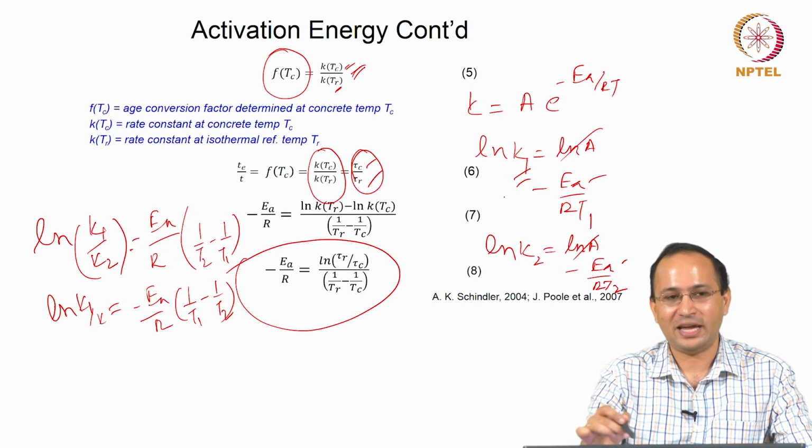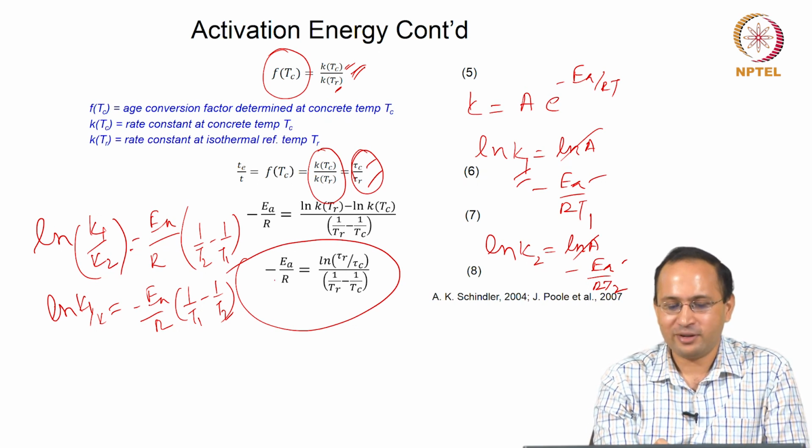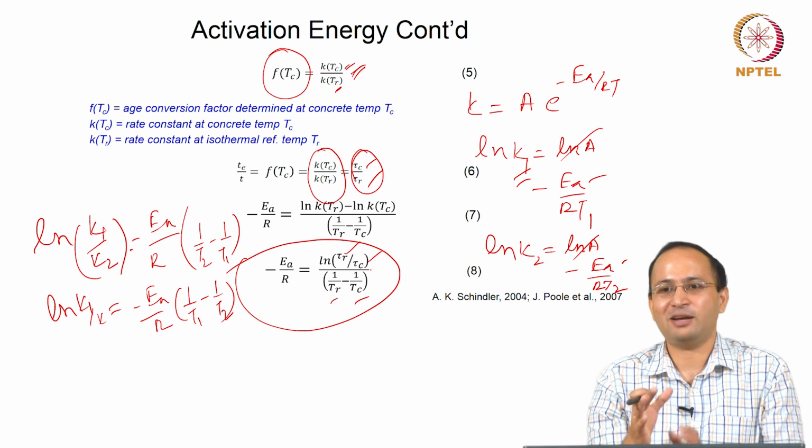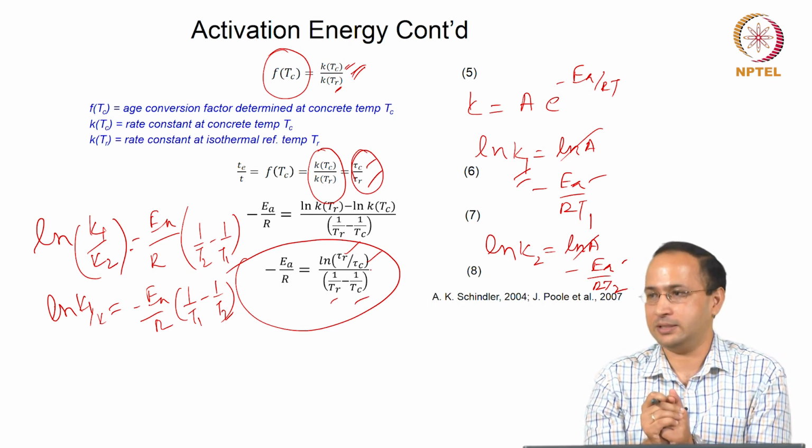Once you know that for a particular temperature, you can use that. So finally we can calculate this activation energy EA over R when you know Tr, Tc. It could be T1, T2 simply put. If you have data for two different temperatures, you can use this relationship to calculate the activation energy.